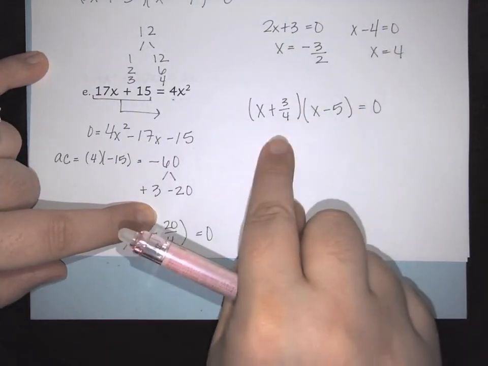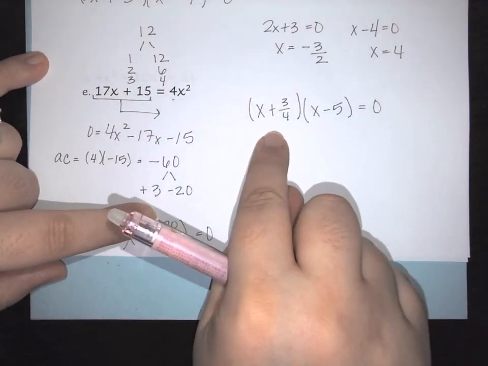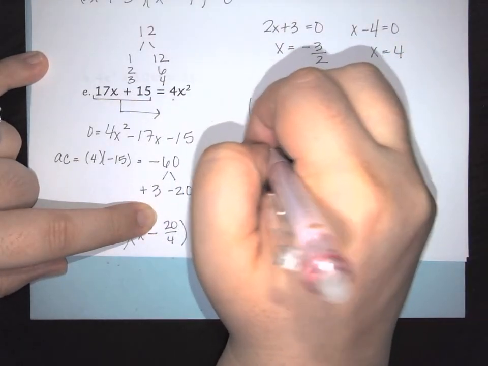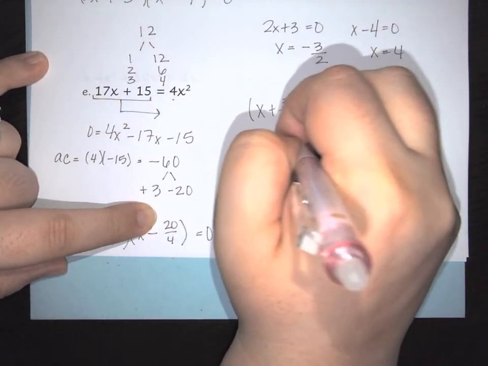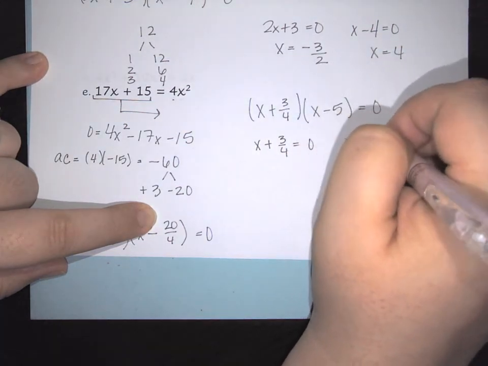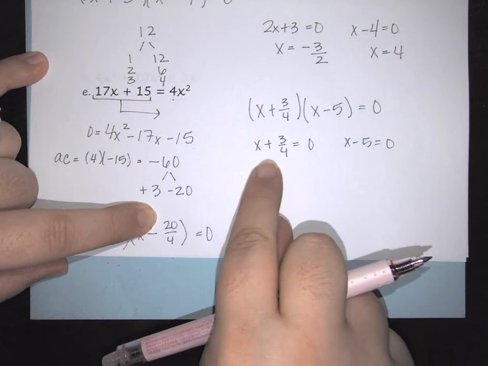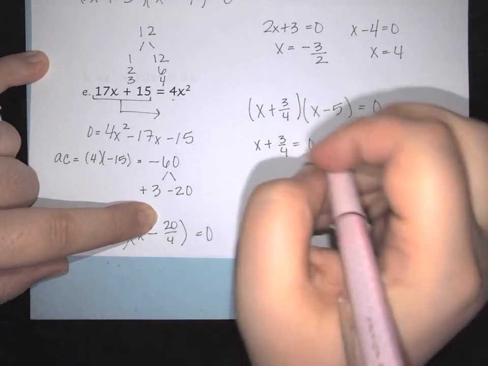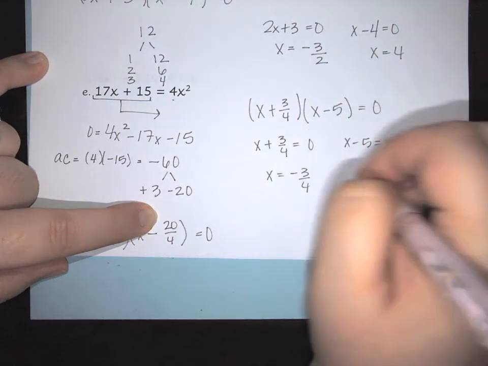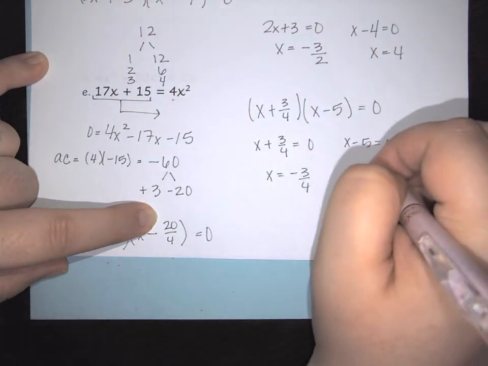Now in this case, I don't have to finish the bottoms up idea because we're trying to solve. So here you would have x plus my 3/4 is equal to 0, and x minus my 5 equals 0. And the first one, I'm going to subtract 3/4 from both sides, so x is equal to negative 3/4. And x is equal to 5.